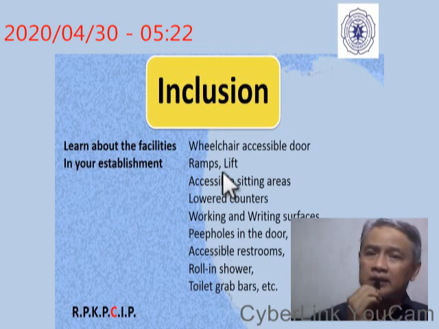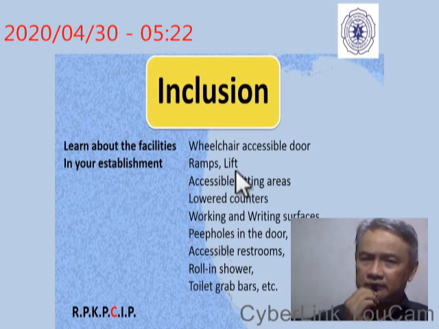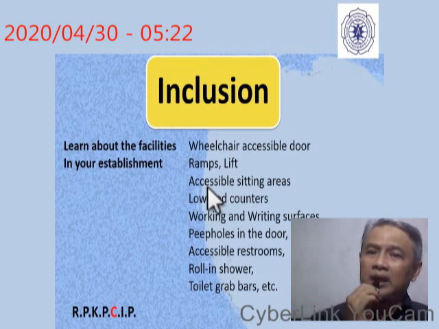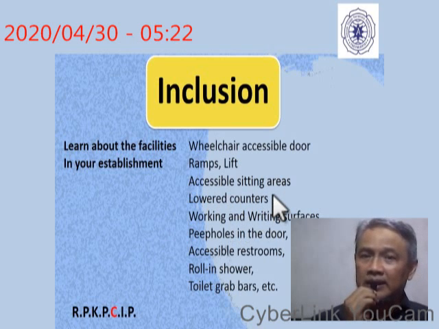And then a special lift, where the number of floors is made lower, and accessible sitting areas, lowered counters so that they can be comfortable when talking or dealing with the front office department, for example.